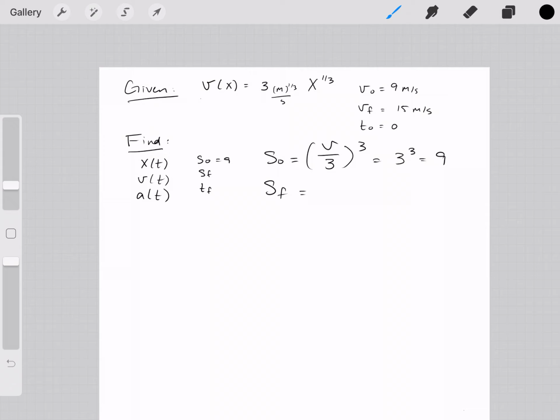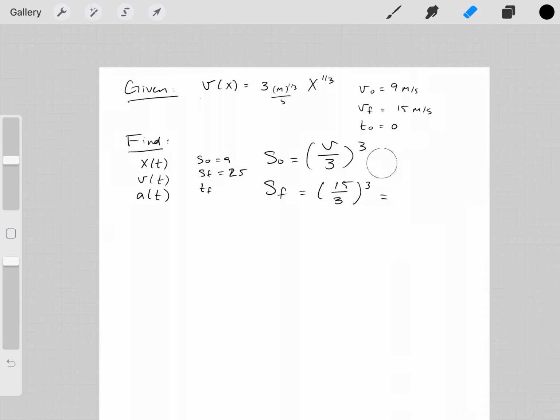S final is 15 over 3 cubed, and that is 25. And this here is the initial, and this one is the final. That is fairly straightforward to find the initial and final position.